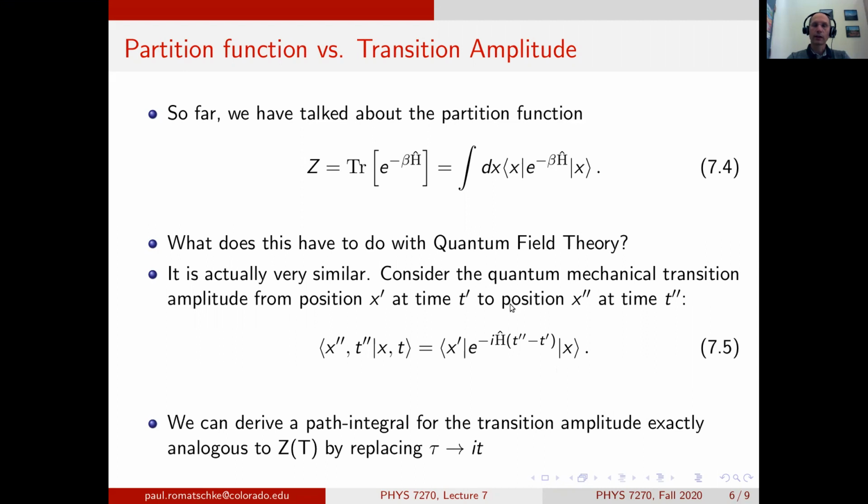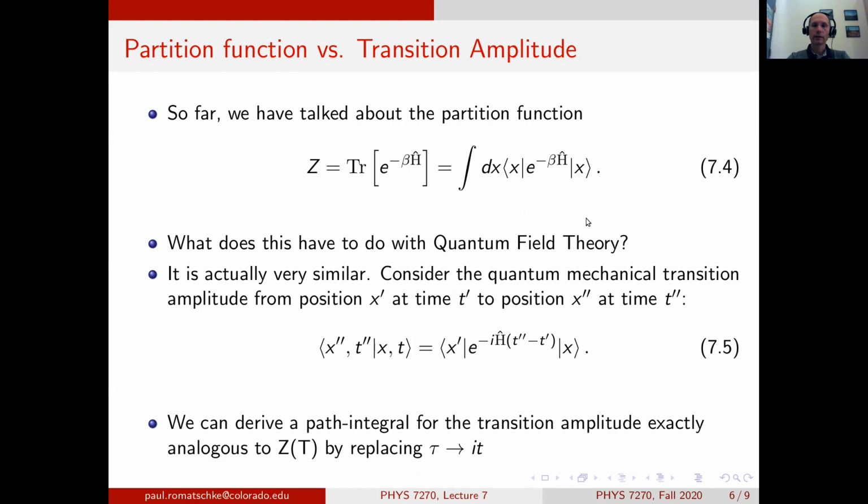First, have a look at the exponential. The exponential involves the Hamiltonian operator in both cases, the only difference being that for the partition function, we have an inverse temperature called beta in here, and for the transition amplitudes, we have i times a time difference here. So you can see that these two exponentials are analogous to each other when we replace the imaginary time tau by i times the real time t.